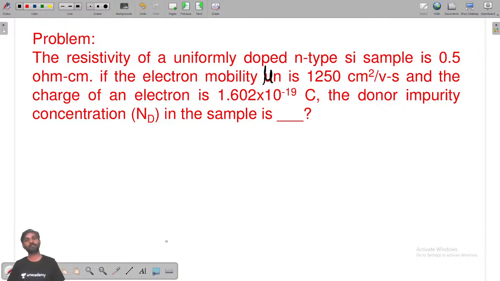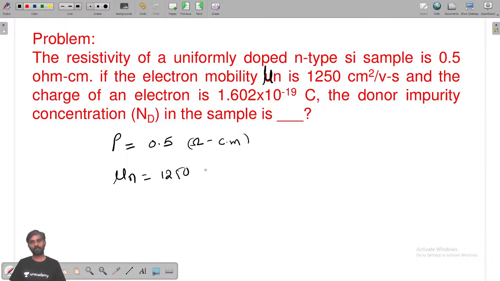He has given resistivity rho, which is 0.5 ohm centimeters. He has given mu n, 1250 centimeter square per volt second.